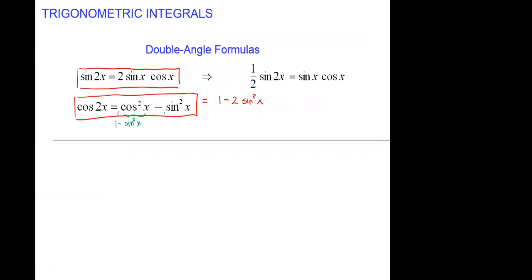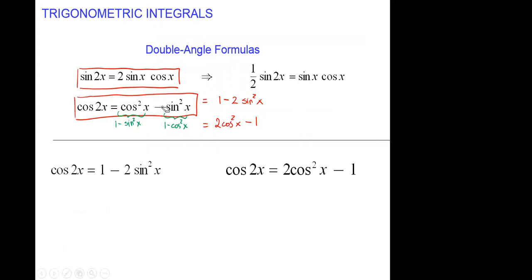Or the other way, if I let sine square of x be 1 minus cosine square of x, then we will have the formula for cosine of 2x in terms of cosine. It will be cosine square and another cosine square, 2 cosine square of x minus 1. We may have this or this. Or simply remember cosine square of x minus sine square of x, where the green part is the Pythagorean identity.